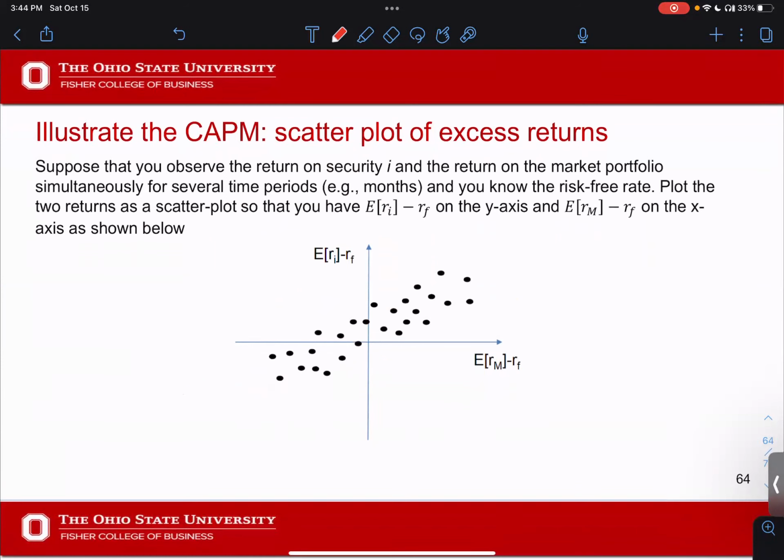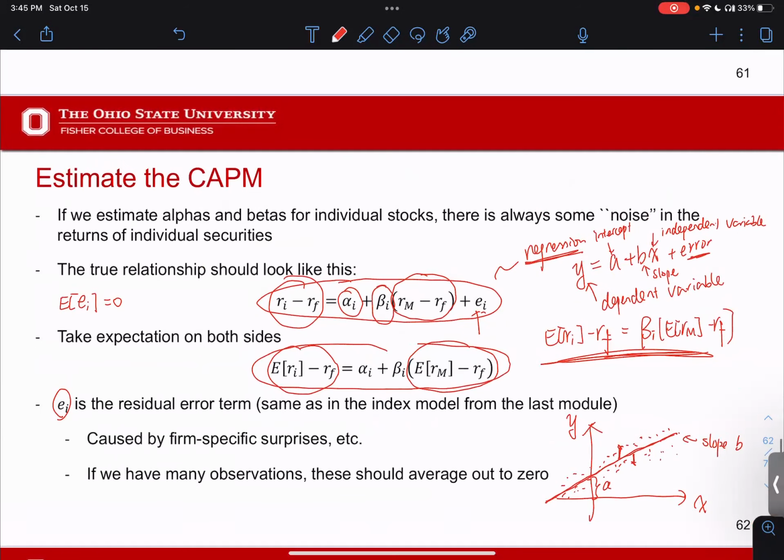So actually, this plot is kind of controversial. You see the y-axis and x-axis are the expected return minus the risk-free rate. But usually in the real data, we use the first formula, this one.